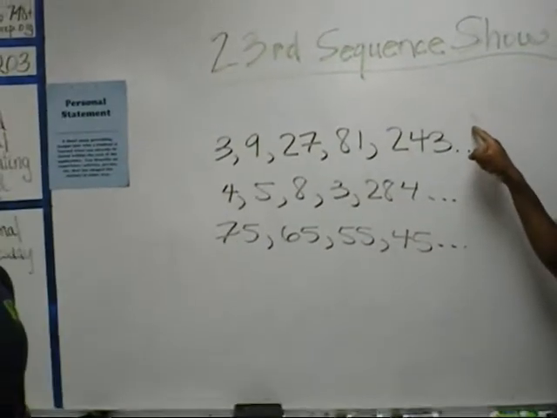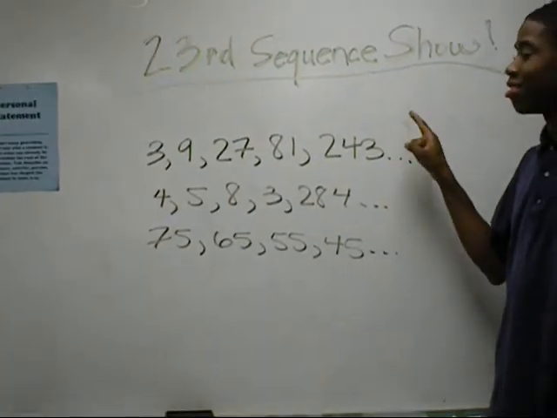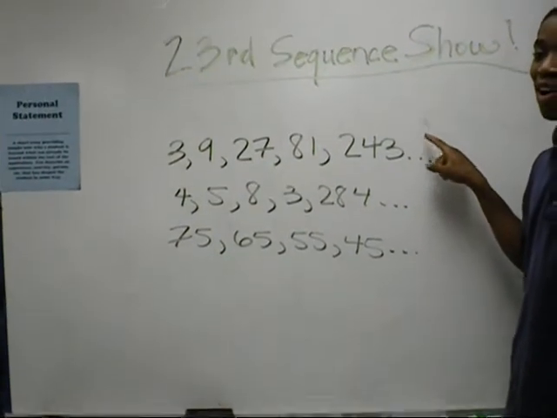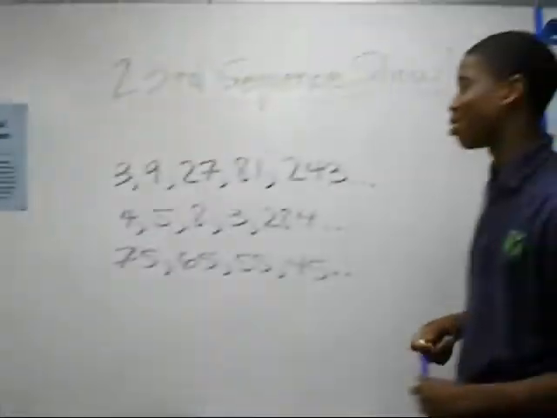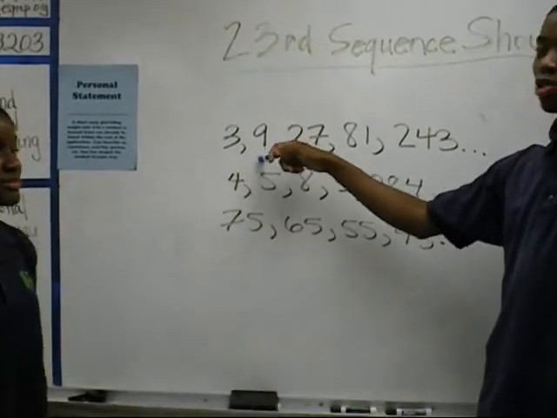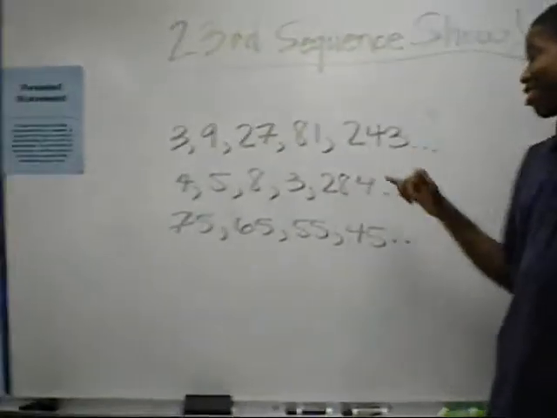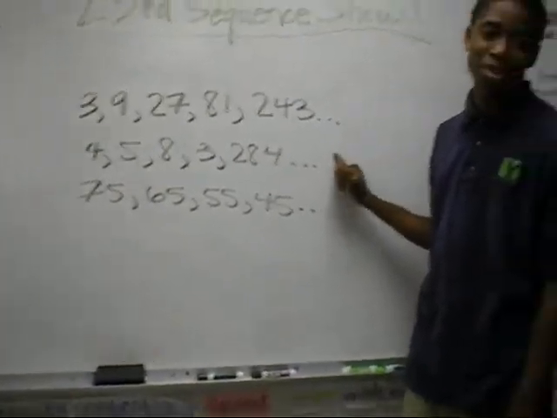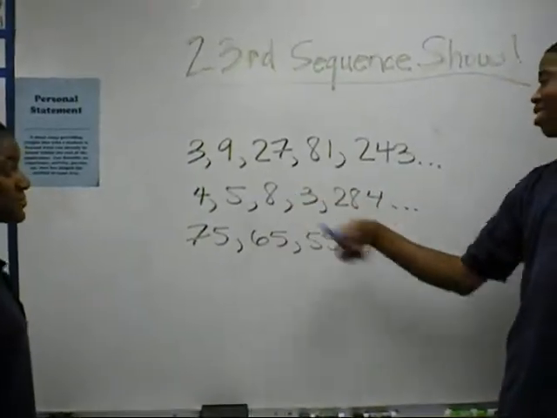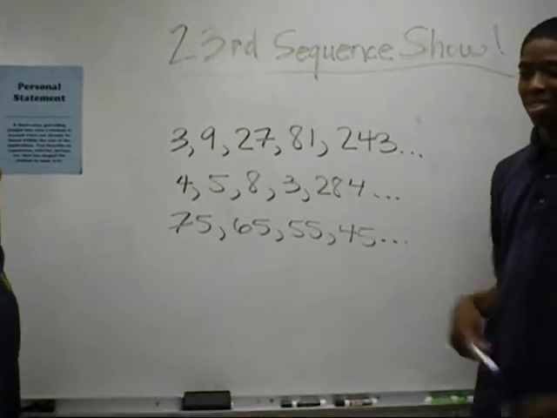Irving, is this sequence arithmetic, geometric, or neither? This sequence is geometric, because to get to each term, you multiply by 3. Samuel, is this sequence arithmetic, geometric, or neither? That one is neither, because obviously there's no pattern.